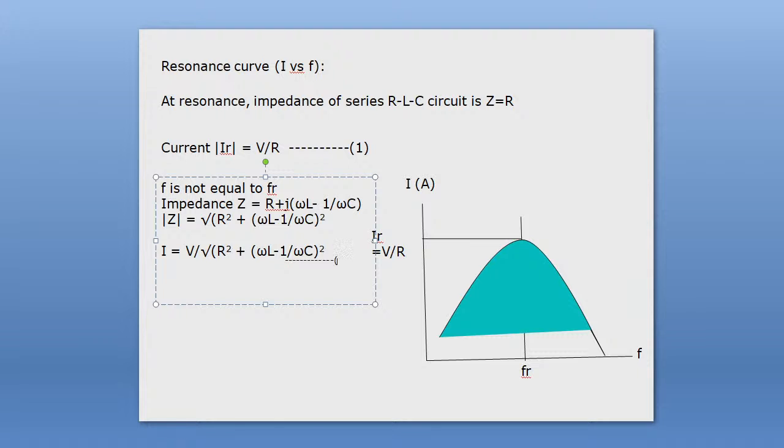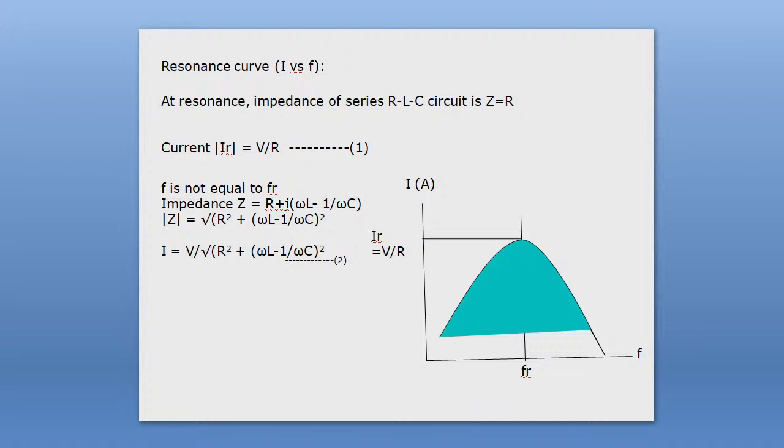From equation 1 and equation 2 we can conclude that the current of a series RLC circuit attains its maximum value at resonance frequency, when F equals FR, and its value is V by R. But on either side of resonant frequency, the current decreases with frequency because the impedance of the circuit is higher than at resonant frequency.